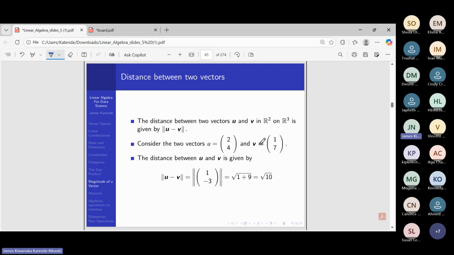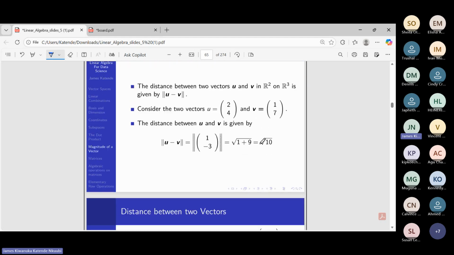So it's also possible to compute the distance between 2 vectors. If you want to get the distance between the 2 vectors, simply get the difference between the 2 vectors and then compute the length of the resulting vector.